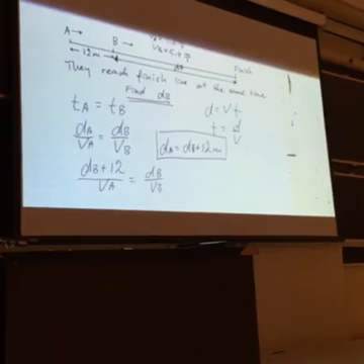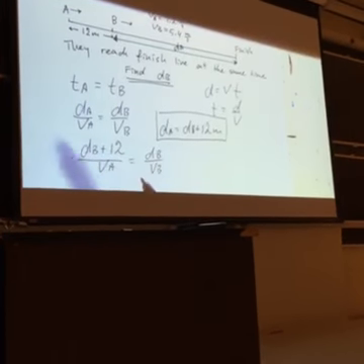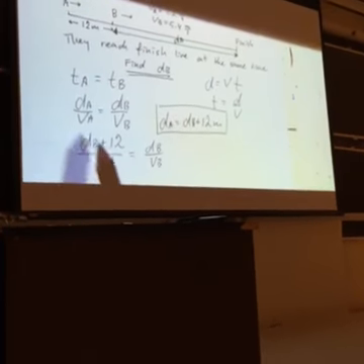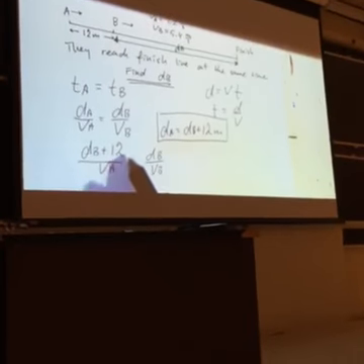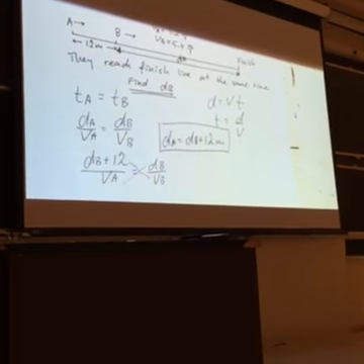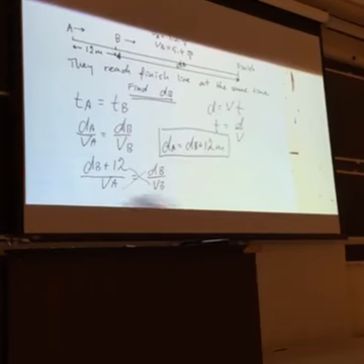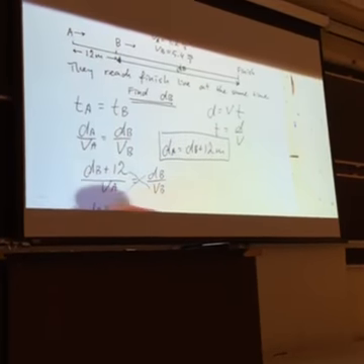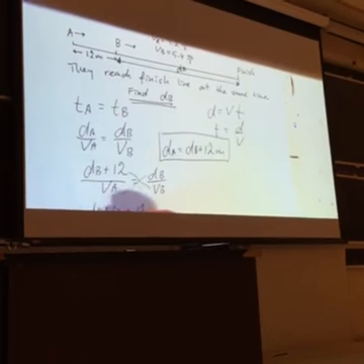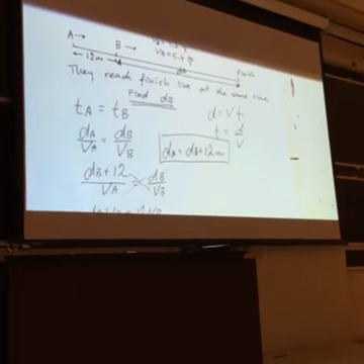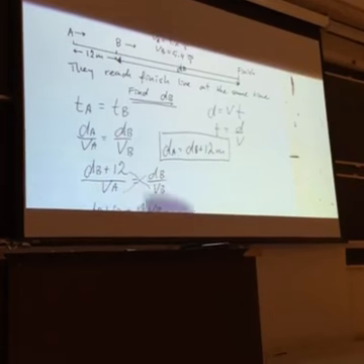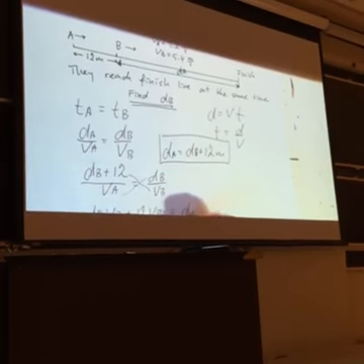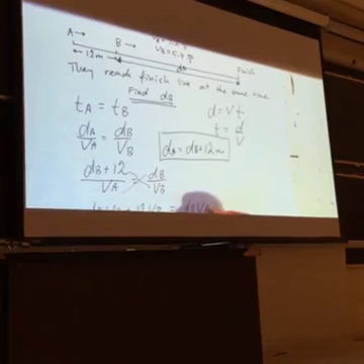So this is one equation with one unknown, so we can do cross multiplication. This times this equals this times this. Okay, or dB plus 12 times vB. I multiply this with this equals dB vA.